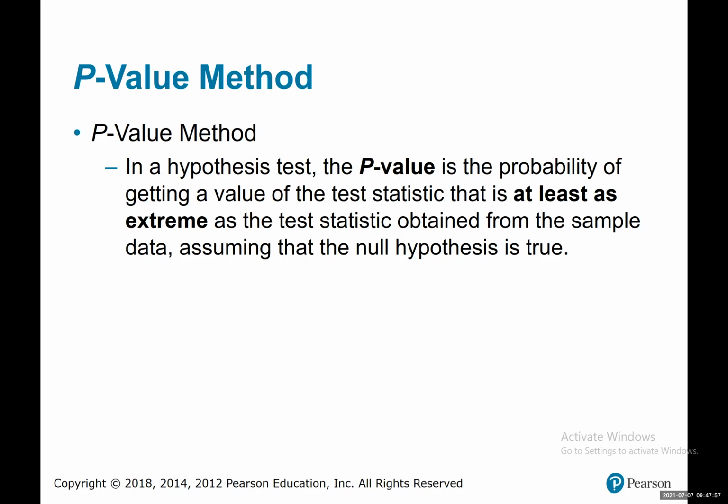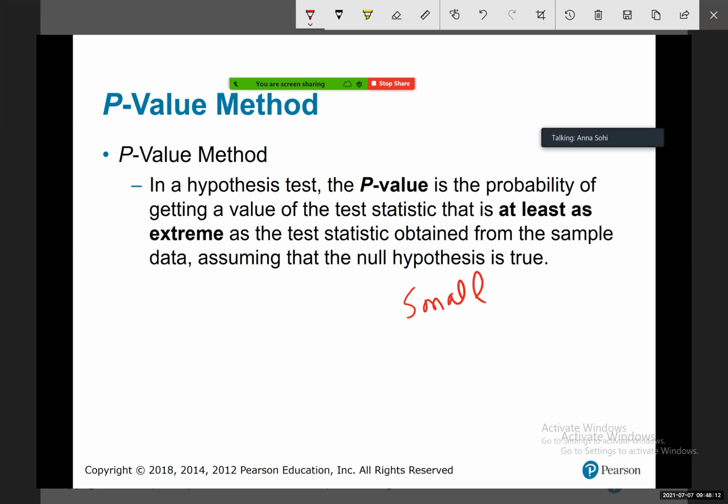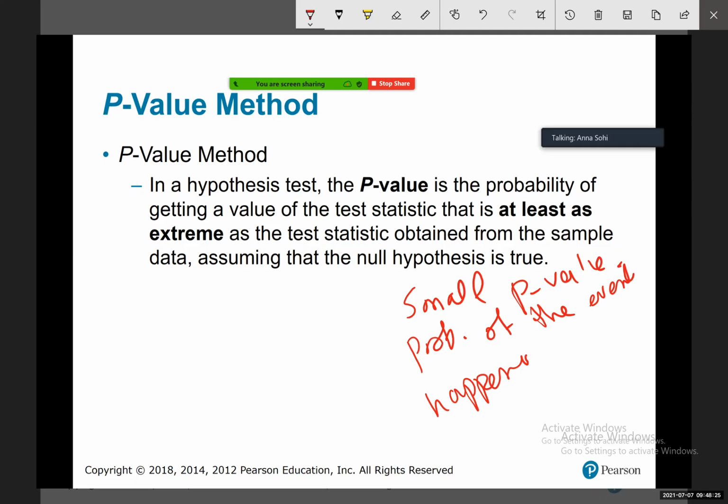Basically, p-value is telling you if the probability of this thing happening on its own is low or high. So when you get a small p-value, that means the probability of the event happening on its own is very low.